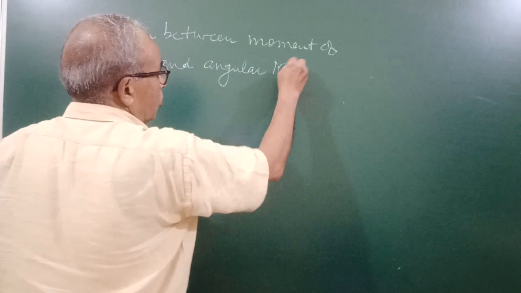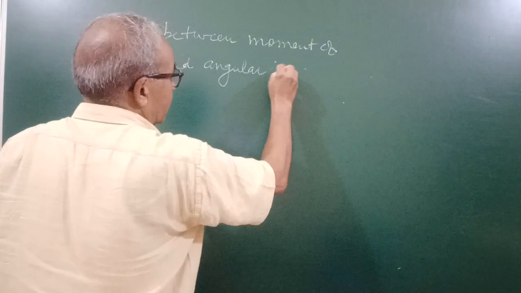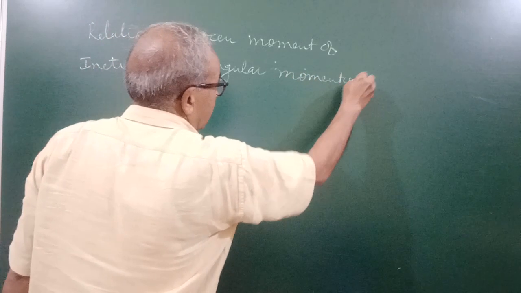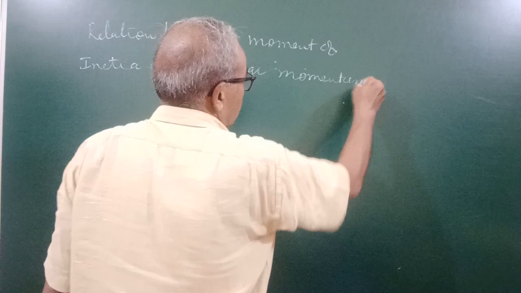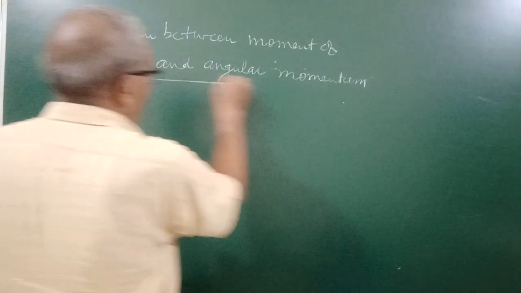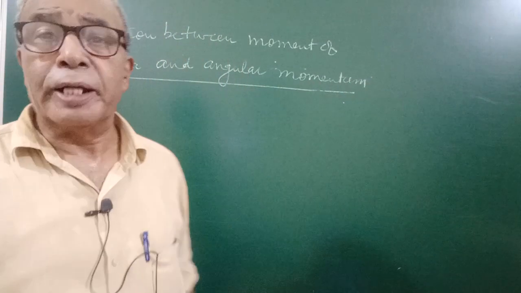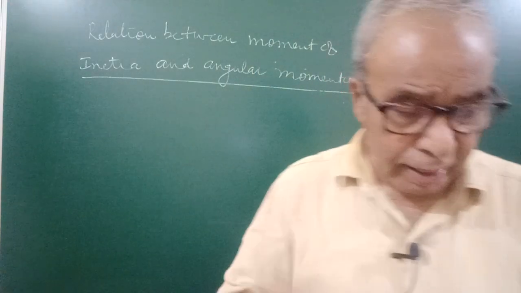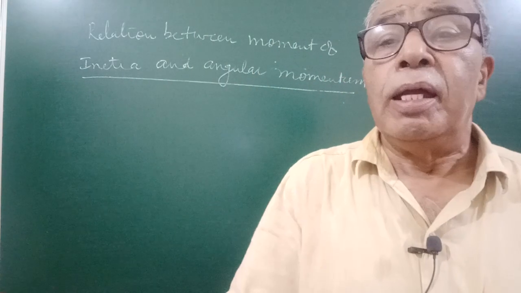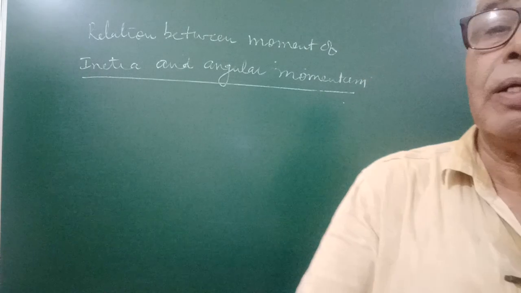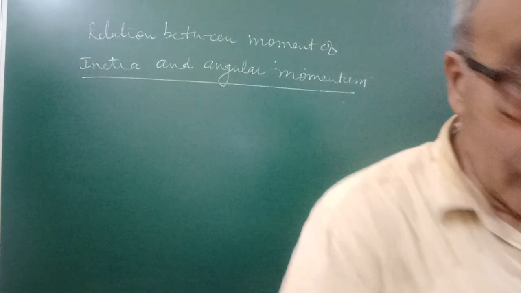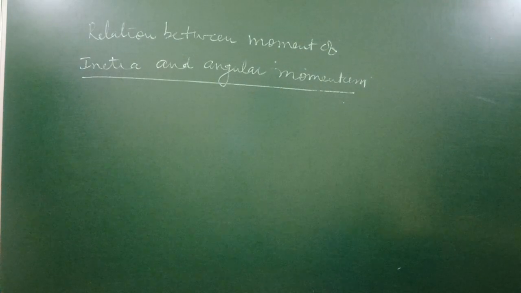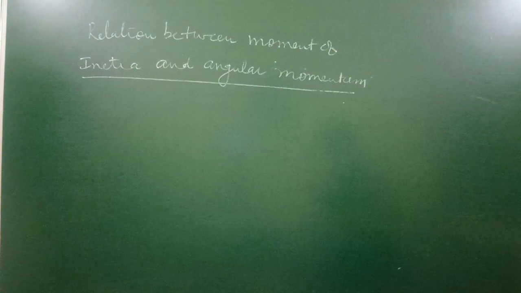I have explained to you the meaning of linear and angular momentum. I have given detail, and finally I told you that angular momentum is the vector product of position vector and linear momentum. Linear momentum P is equal to mv. The same way, what is the relation of this angular momentum with omega?